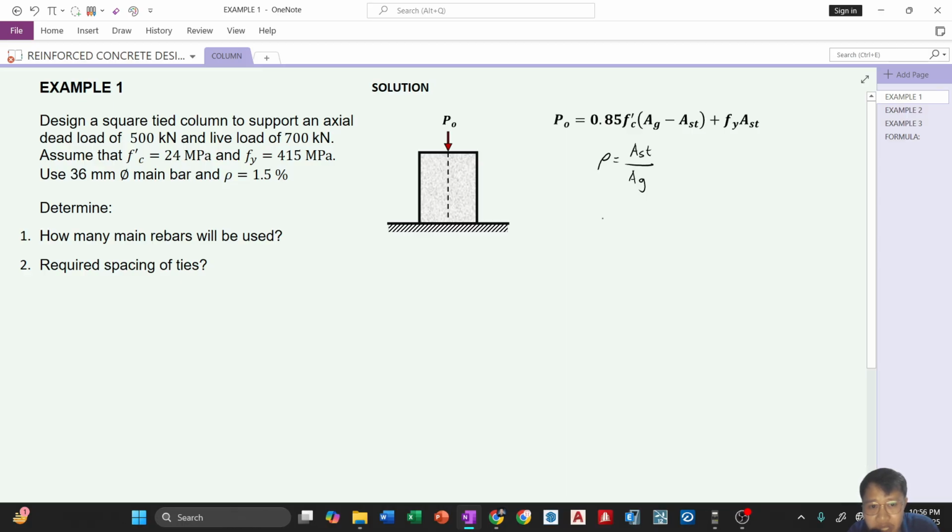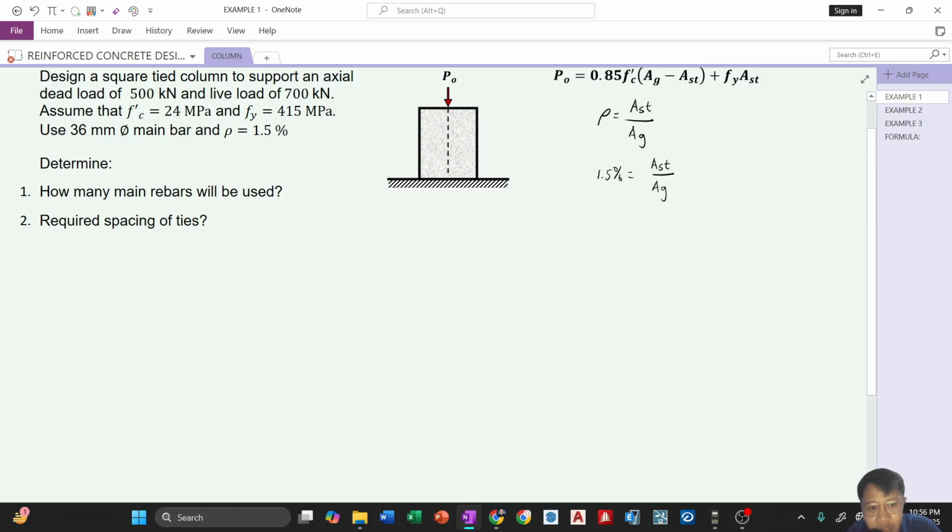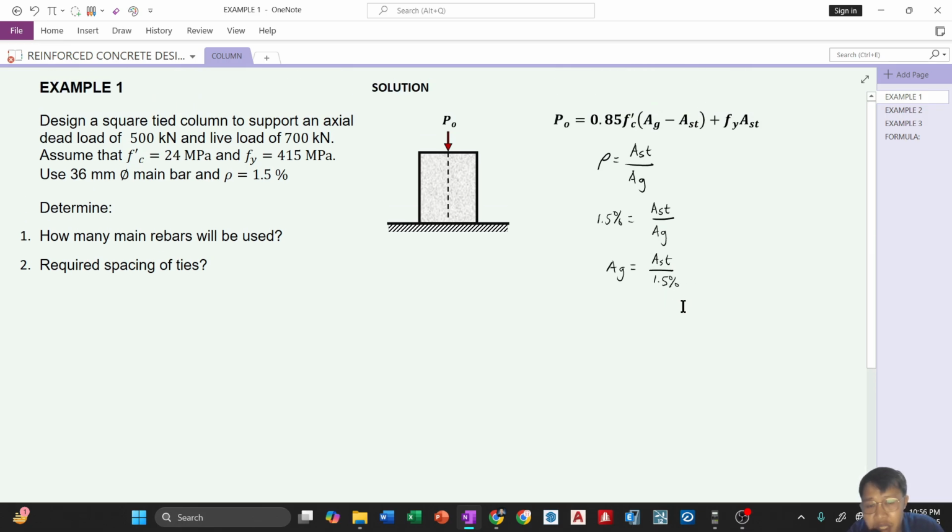We substitute here the steel ratio which is 1.5%, and this is equal to the area of the steel divided by the gross cross-sectional area. We can solve directly for the area of steel. Let's just make the area gross in terms of the area steel. Area gross here is actually equal to area steel divided by 1.5%. This will be our first equation.